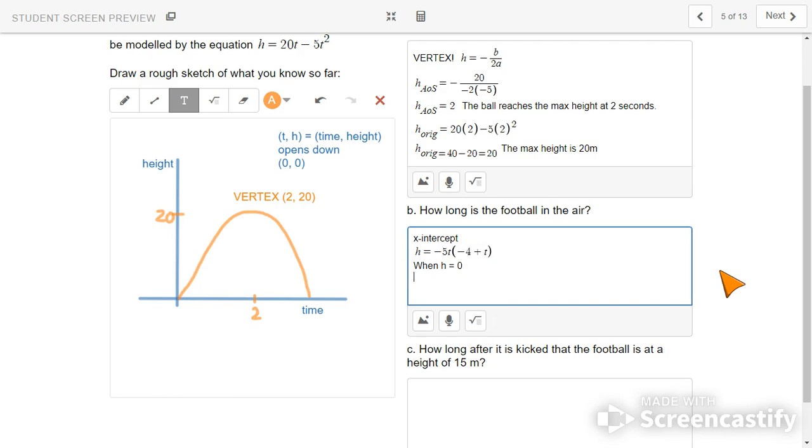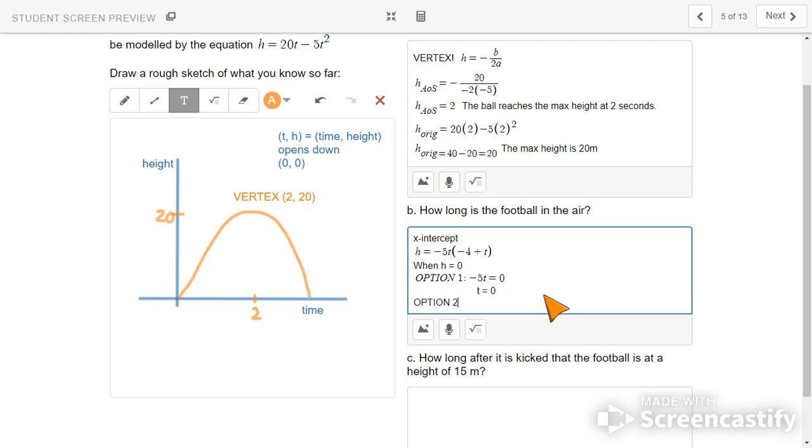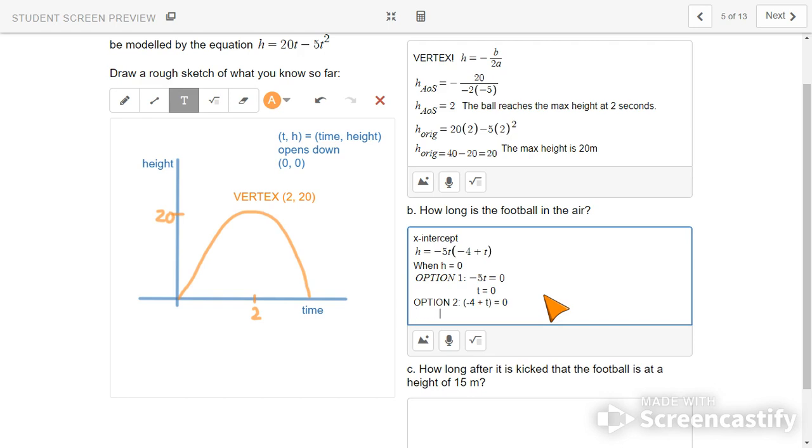So when h is equal to 0, we're going to have first option where negative 5t is equal to 0 and t is equal to 0. Our second option is when our second bracket, negative 4 plus t, is equal to 0.